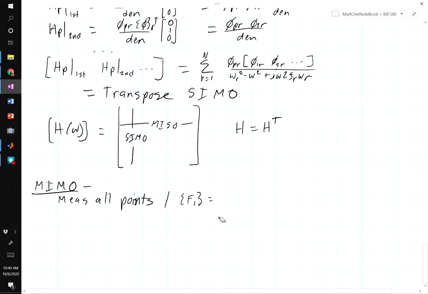So for example, we could apply force F1, we could apply a force F2, and so on. And we don't have to necessarily apply all of those forces at the same time. We could do this sequentially.